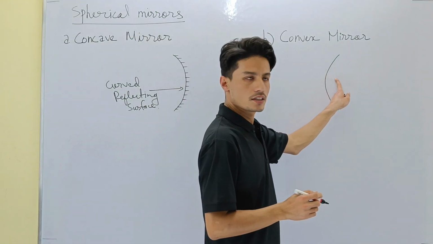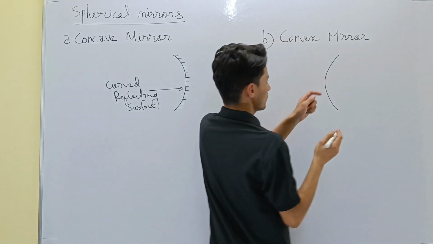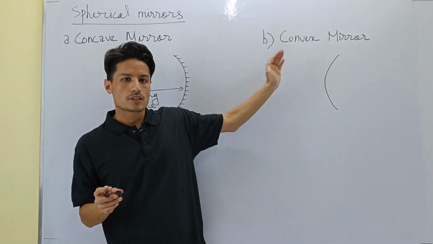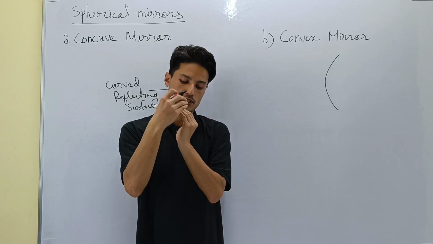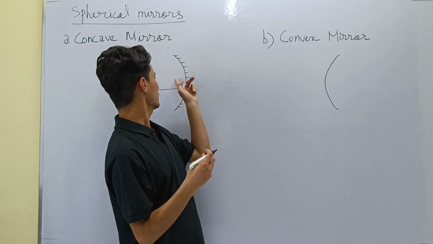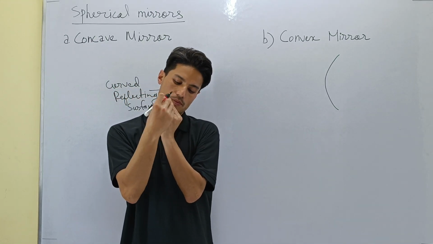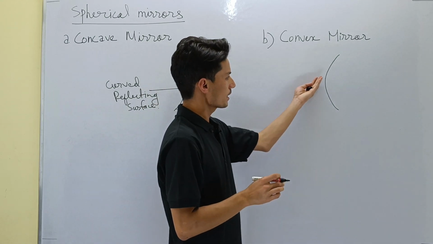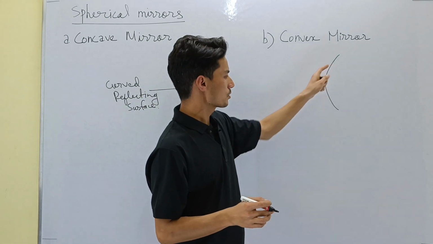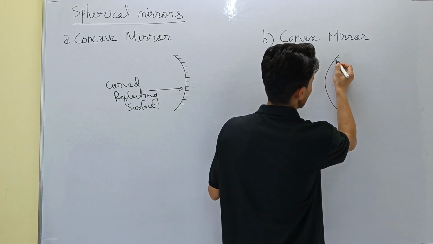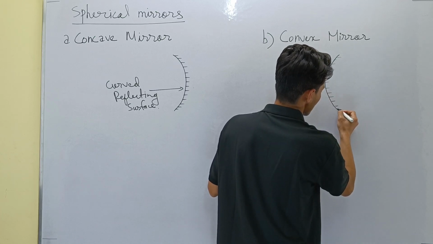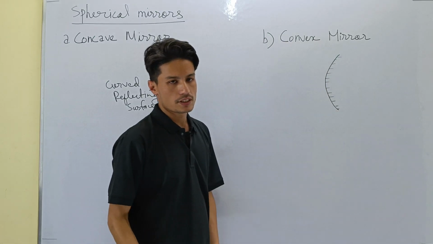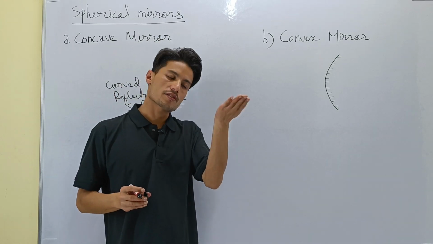Then the convex mirror. When it comes to a convex mirror, the reflecting surface is the bulgy part, not the curve. The curved one is here, and this is the bulging part. So this side is a reflecting surface. The non-reflecting side I will show like this. I have told you earlier also that every surface has a front and a back.